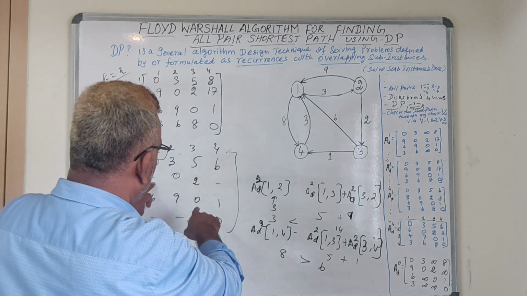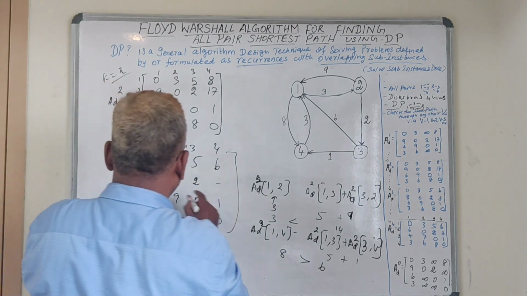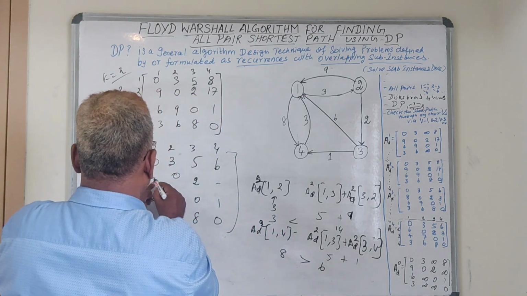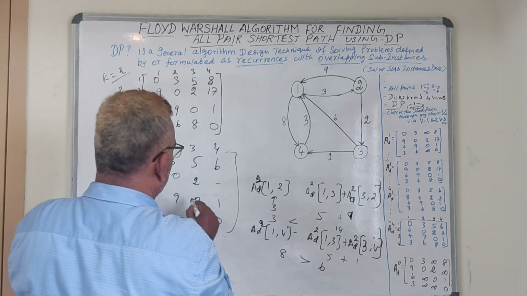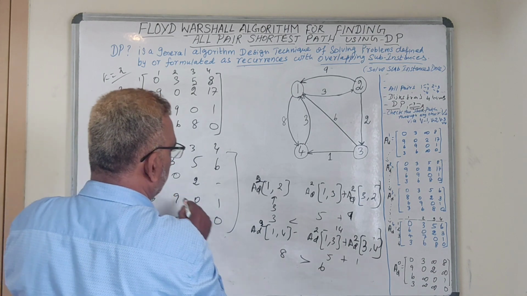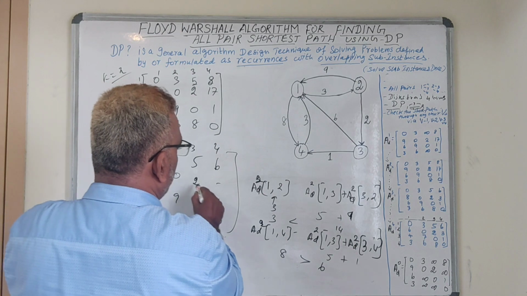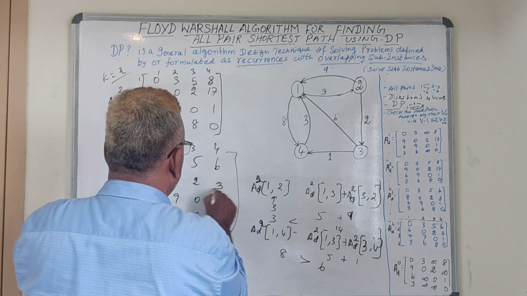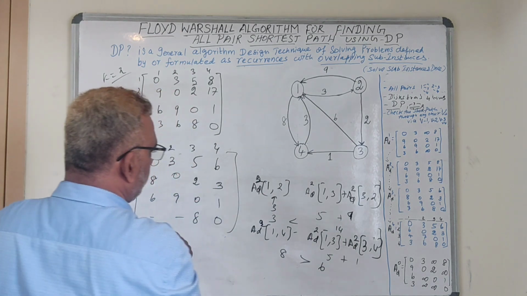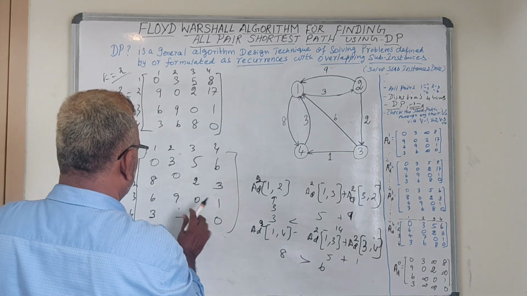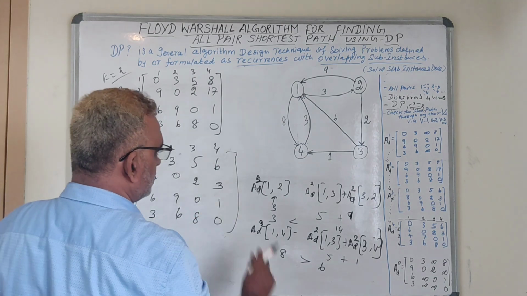So similarly we can calculate other values. I will write down the values. AD3 is 8 0 2 and 3, and similarly for the last row it is 3, 6 8 0.